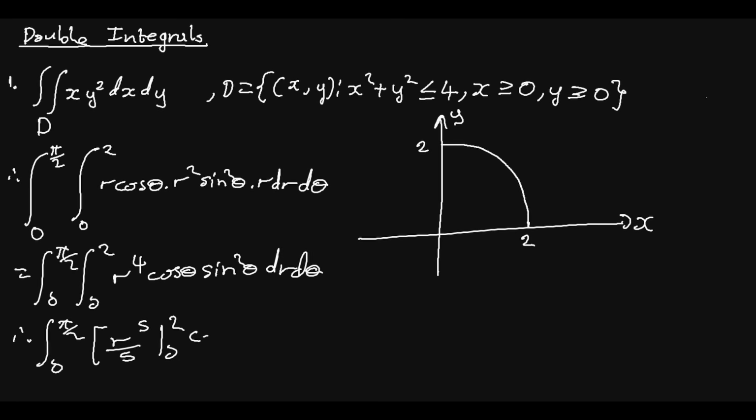Let me just write these other values here and start with these ones. Then r to the 5 over 5, 0 to 2, d theta.